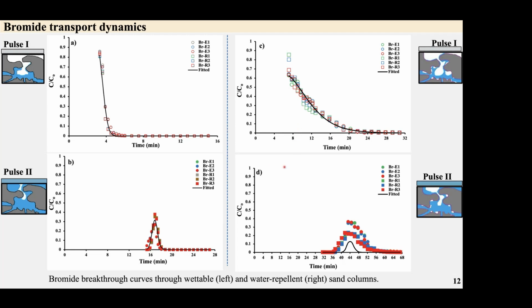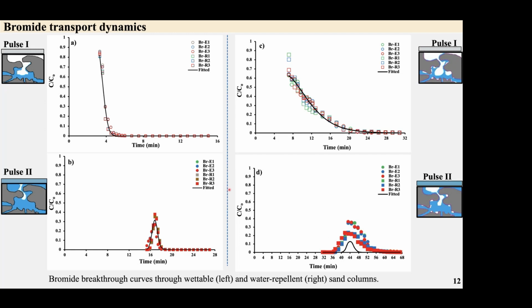This is for bromide. For the first pulse, we could simulate the data very well. However, when we have disturbances and changes in water repellency for the second pulse, the peak rising and falling slope was not predicted very well.